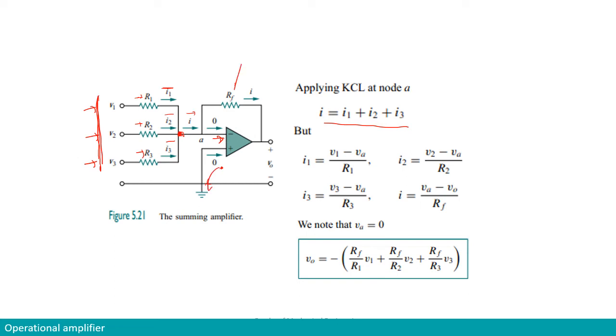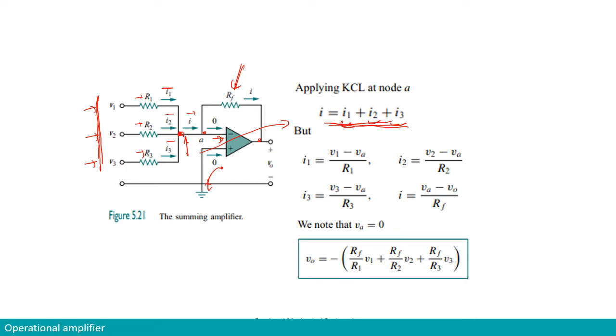And then the connection from the inverting terminal to the output will have a feedback resistance RF, right? So let's look at what we can calculate with this. The first thing is, at this point, we can write a KCL, which is I equals I1 plus I2 plus I3. And then if we look further, we don't know the values of I1, I2, and I3. What are those values?